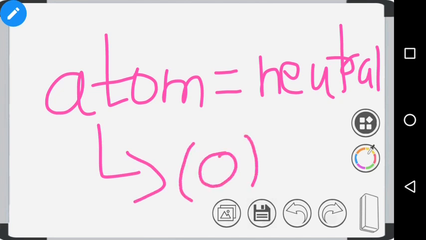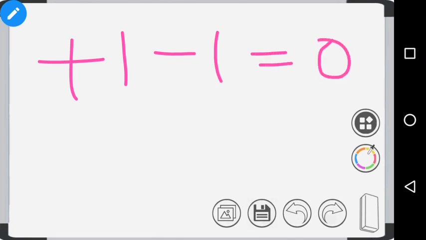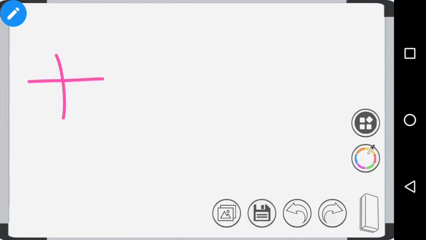How will the zero come? I can give plus 1 for a proton. So how to make it 0? You have to add minus 1, then only 0 will come. For example, if there is plus 3, then how to make it 0?